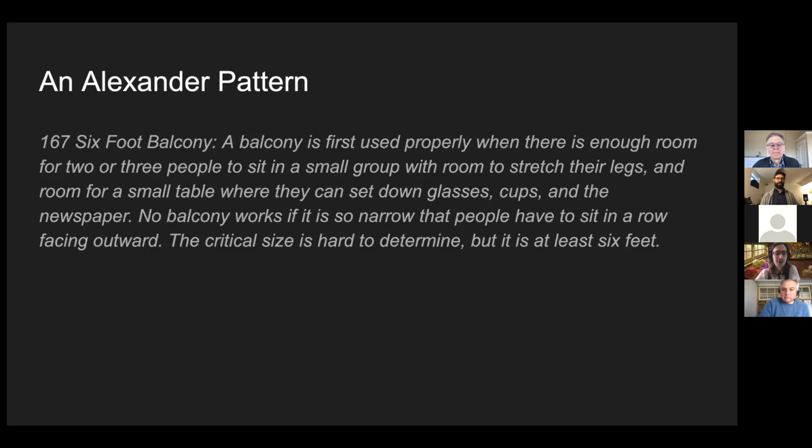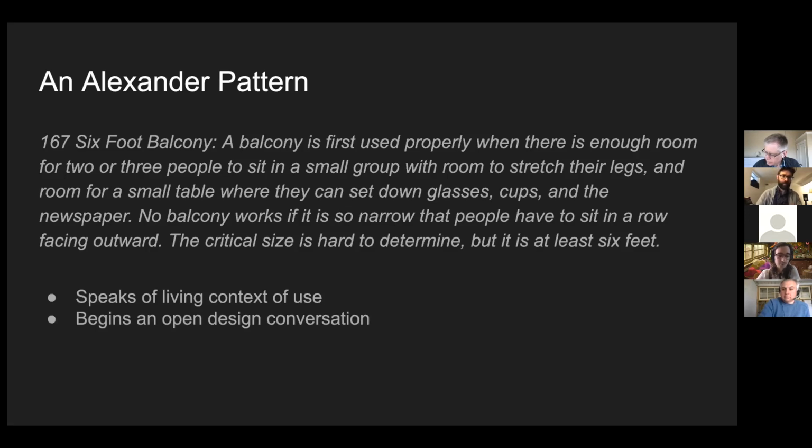So what's going on here? Alexander is referencing a living context of use, people who have their own ideas of what the balcony is for, which might change over time. And also a design context where the pattern has to be carefully evaluated for how it fits into the particular building and the particular users that it will have. It is also part of a larger conversation about design.